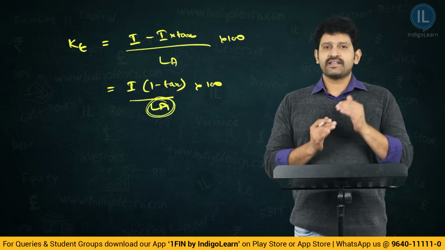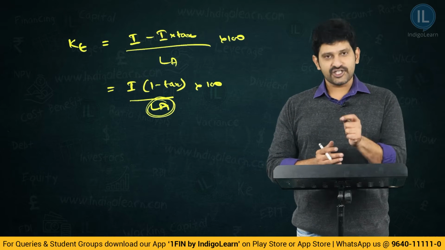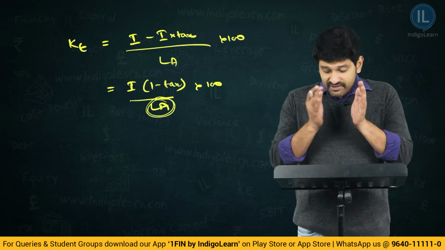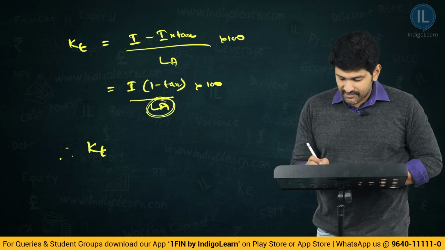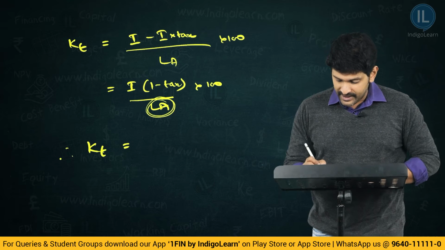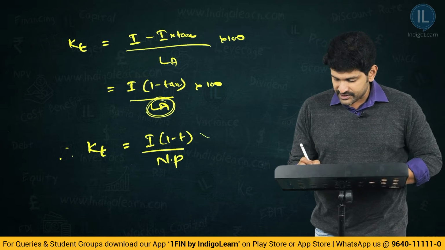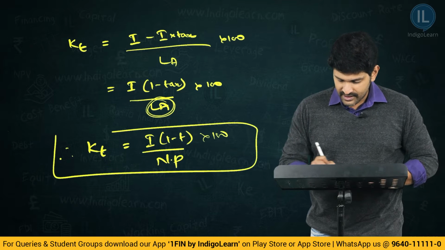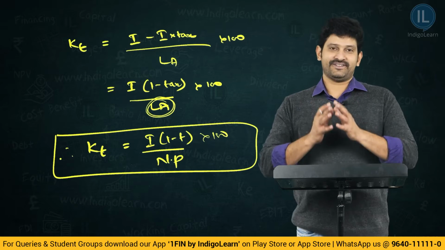Therefore, whenever there are additional costs incurred to raise the term loan, such costs will be removed and we will compute only on the net proceeds. Therefore, our KT, that is cost of term loan, will be interest into 1 minus tax divided by net proceeds into 100, and this is our final formula for computation of cost of term loan.